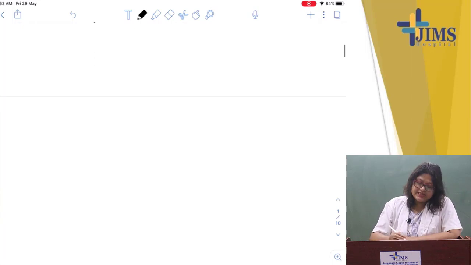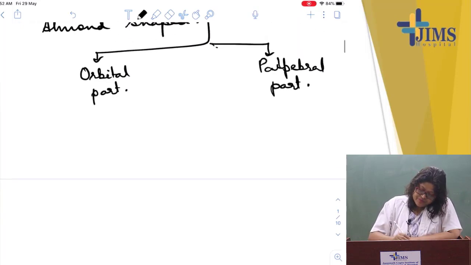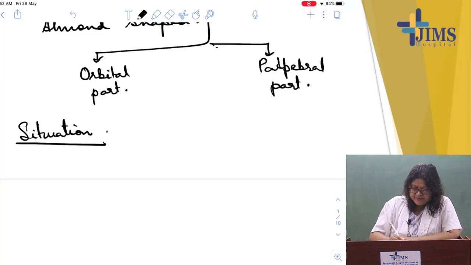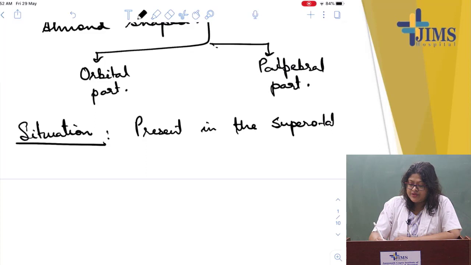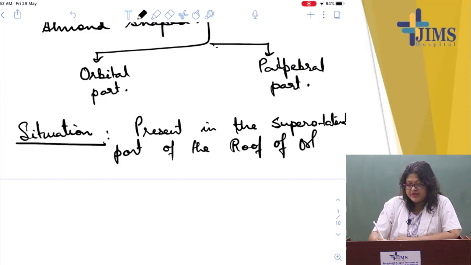Where is it present? Situation: present in the superolateral part of the roof of the orbit.